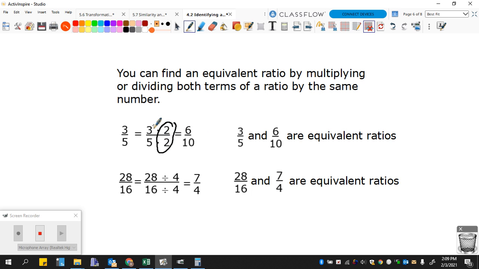So 3 times 2 is 6, 5 times 2 is 10. So 3/5 and 6/10 are equivalent ratios, and you would say 3 is to 5 as 6 is to 10. You can also do it by dividing. If you have a big one, you can go smaller. Here we divided both the top and the bottom by 4. And so we have 28 is to 16 as 7 is to 4. Those are equivalent ratios.